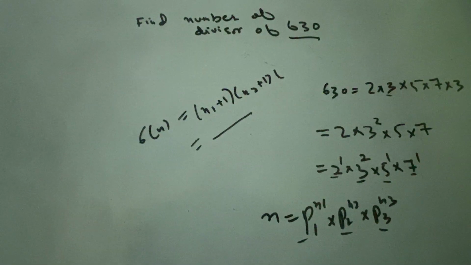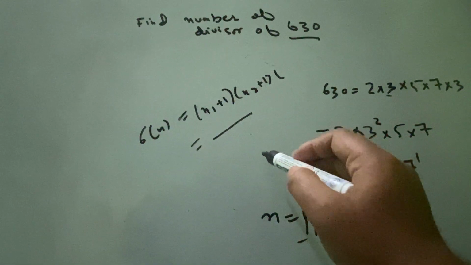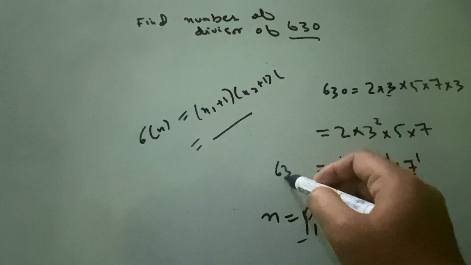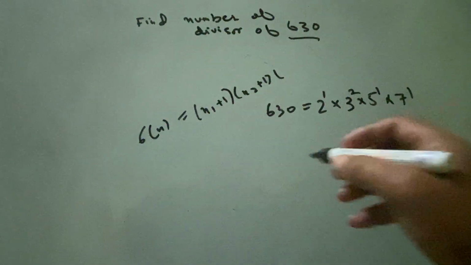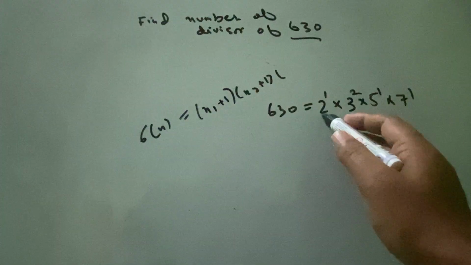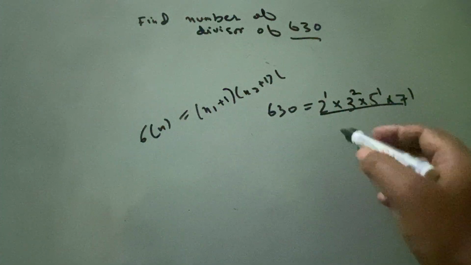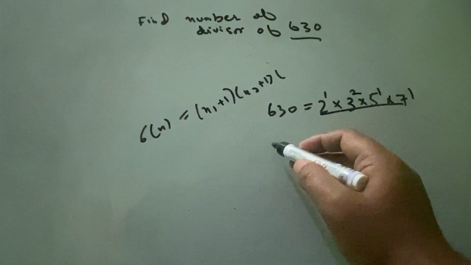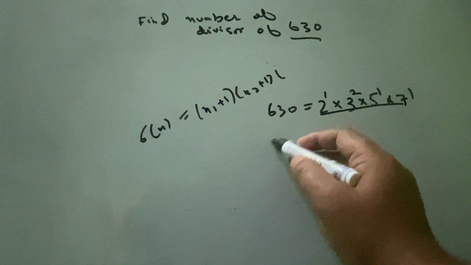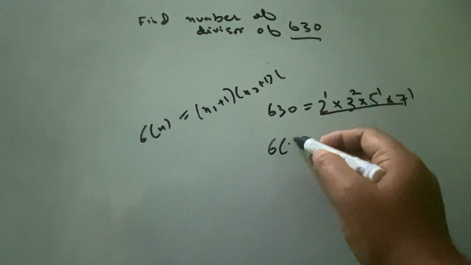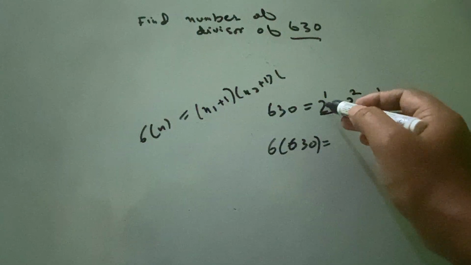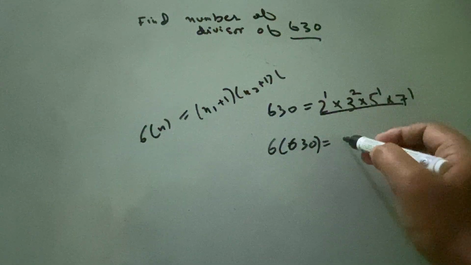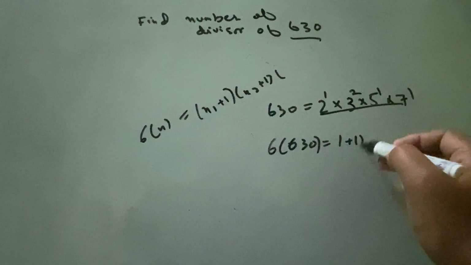Now in our case, our number is 630, and we can write this as a product of prime powers. Now the tau function of 630 is equal to: the power of 2 is 1, so we write 1 plus 1.